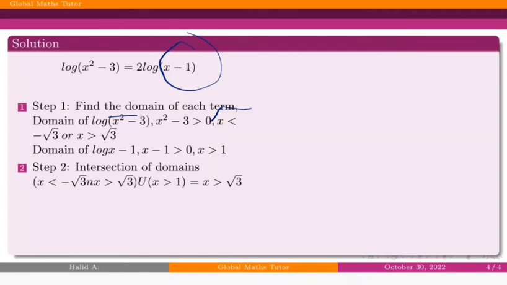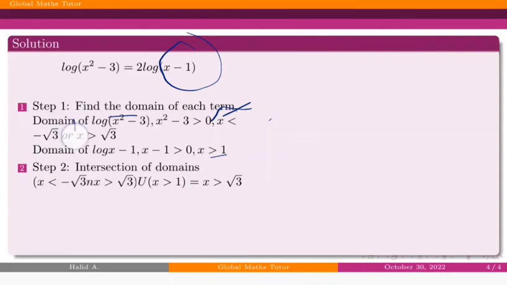So our intersection is: x must be less than minus root 3 or x must be greater than radical 3, and intersection with x greater than 1. Automatically the first condition will be cancelled because it is not greater than 1.